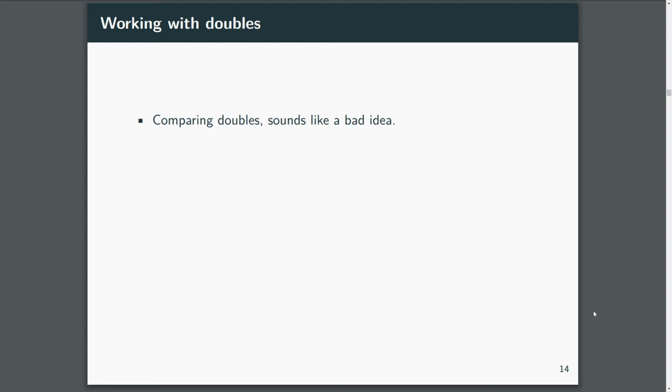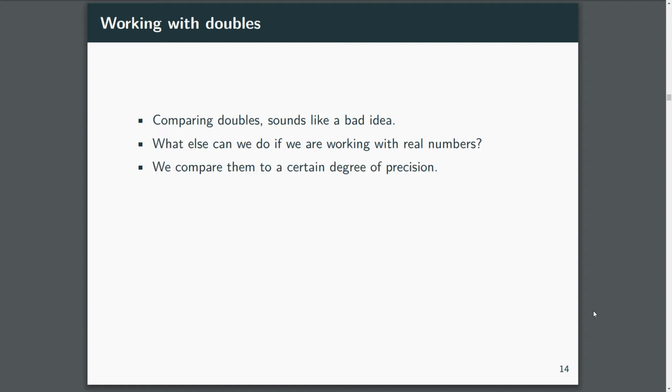So there's always this matter of precision when working with double numbers. So what can we do differently than we do with integers? We simply compare them to a certain degree of precision.